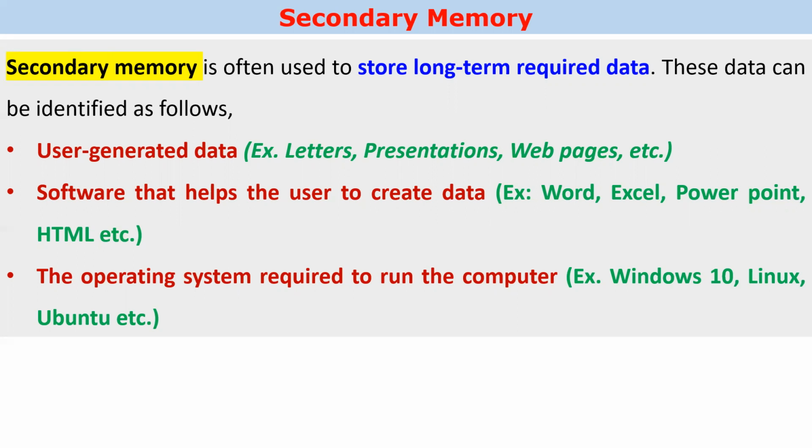Based on this technology, we are going to identify examples. First try to identify this technology. There are three technologies. First one is magnetic technology. Second one, optical technology. Third one, solid state technology. Remember that point.